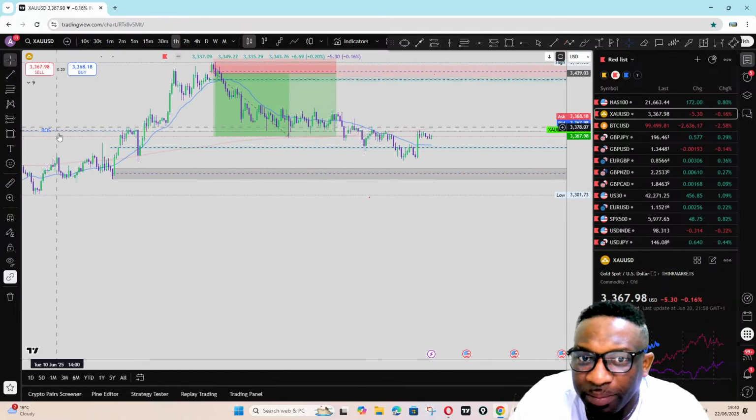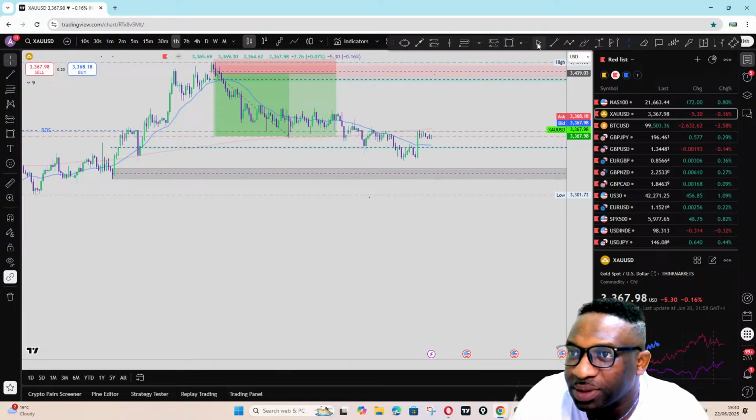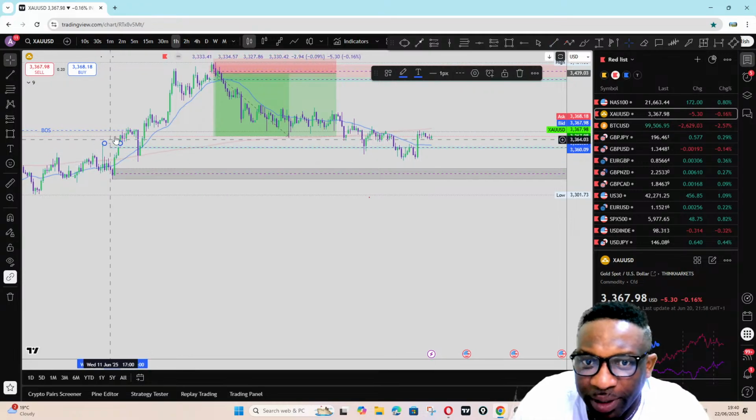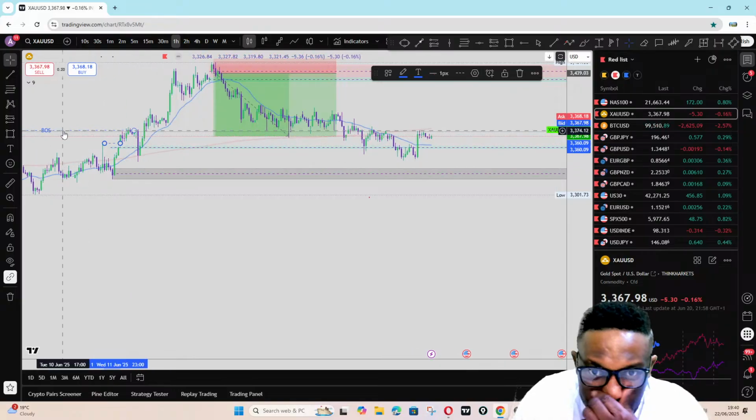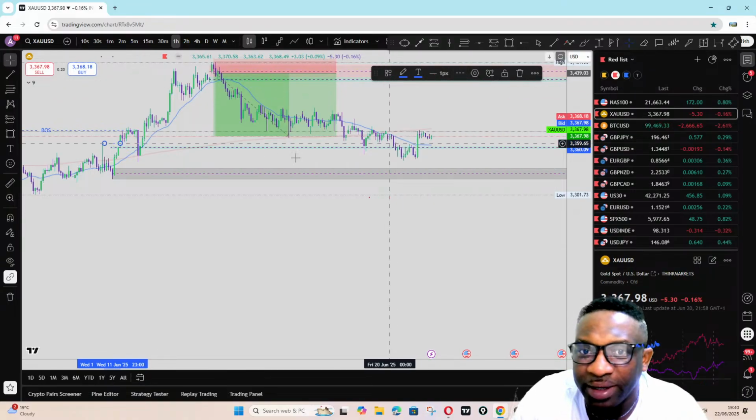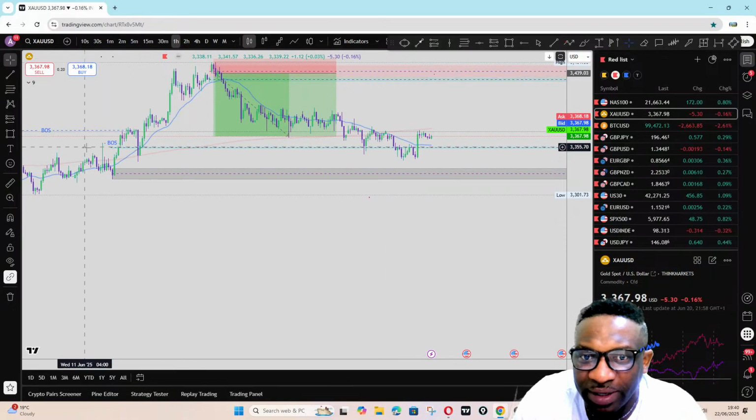So with the break of structure as well, we can also say we have this one here. We had a push up here where price broke this structure. So this is the break of structure on the 4-hour time frame. As you refine it, you can also take advantage of these.